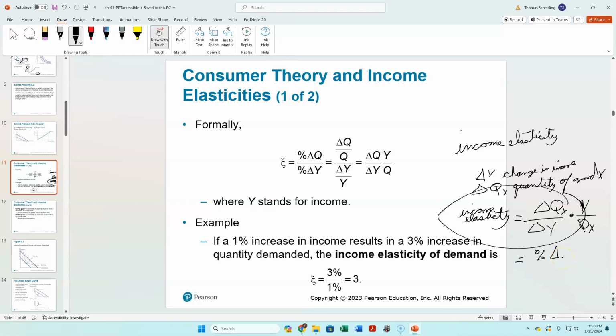my percentage changes. So in this case, I'm looking at my percentage change in the quantity of good X over my percentage change in income.